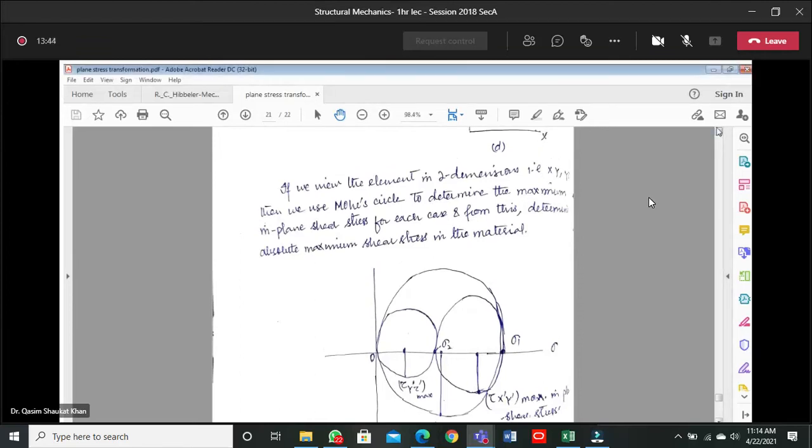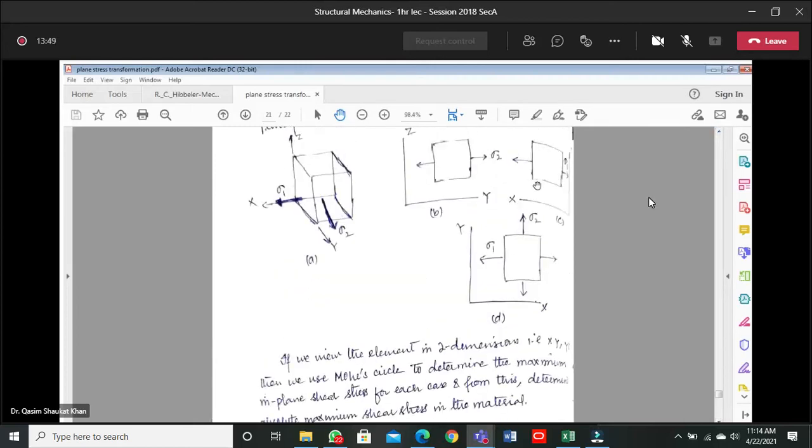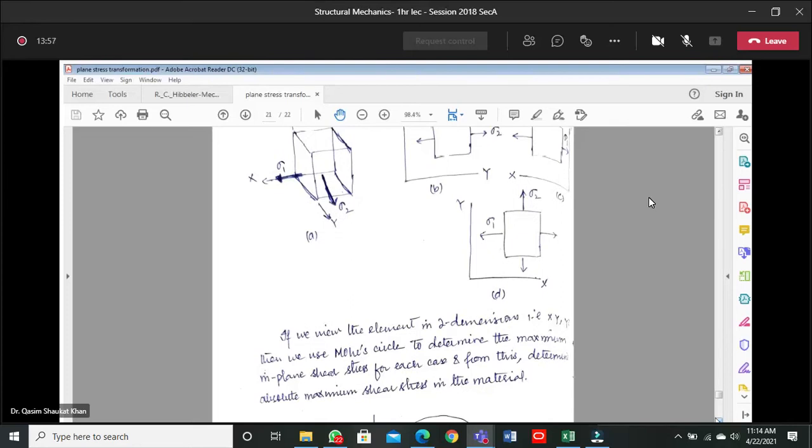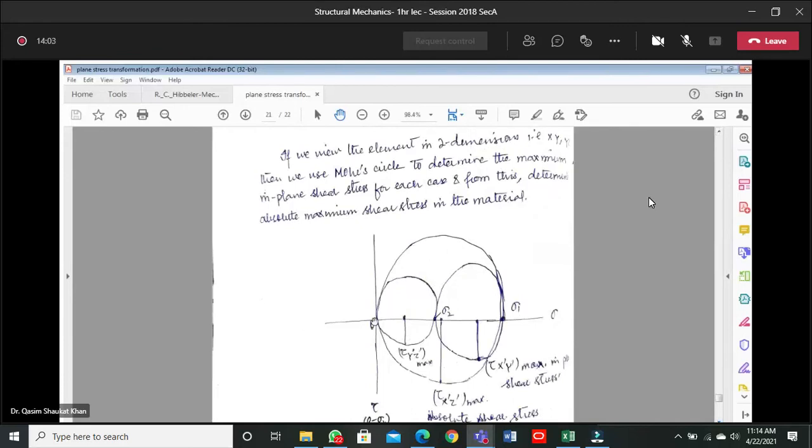Next I draw the Mohr circle for the second scenario, the XZ plane. Sigma 1 is my principal stress, and along the z-axis I have no stress. Again Z represents zero stress, and this outer big one represents my Mohr circle for the XZ plane. So this is 0 and the diameter is equal to sigma 1.